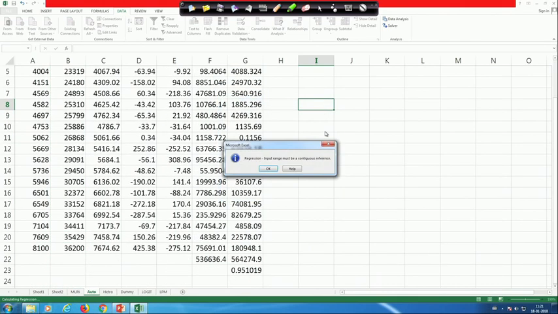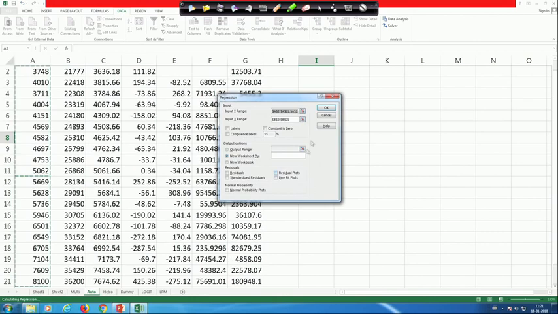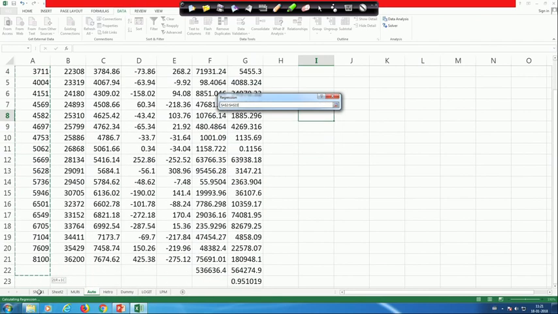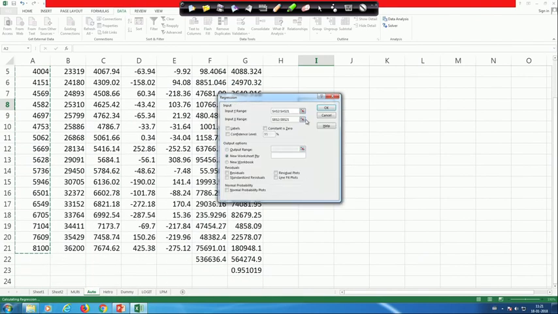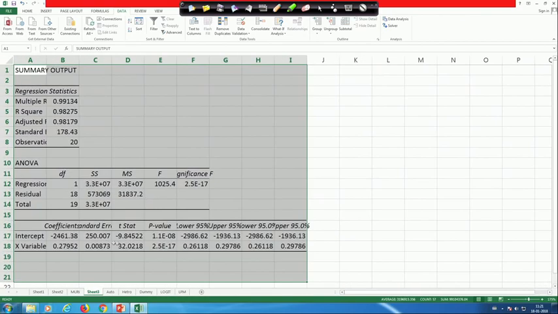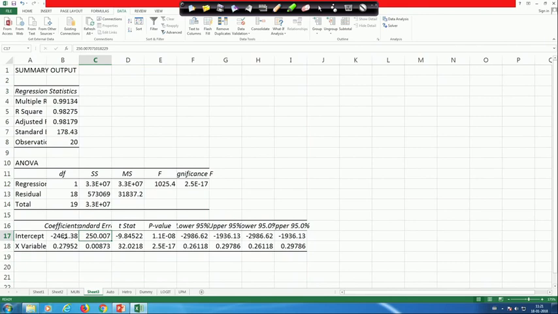So, you will get the regression output. Now, this is the regression output. The intercept is minus 2461.4, and the beta coefficient is 0.28.